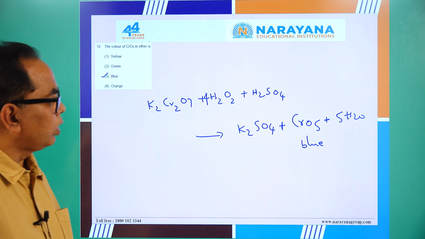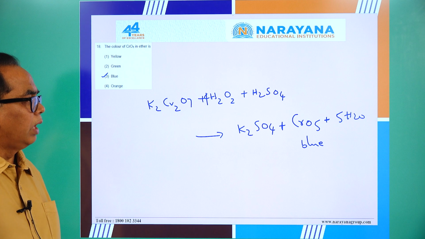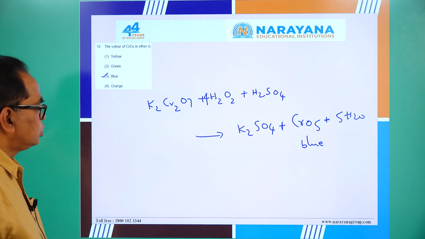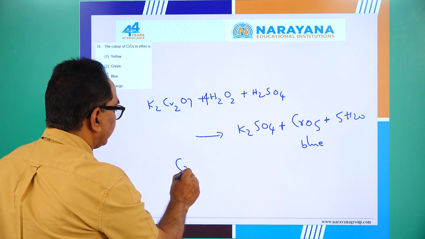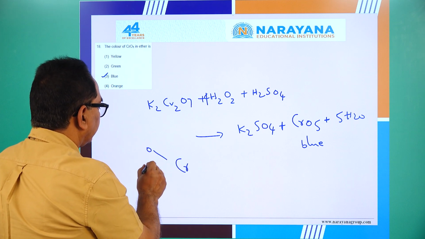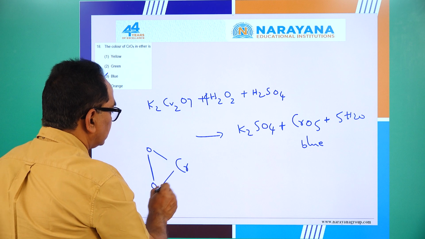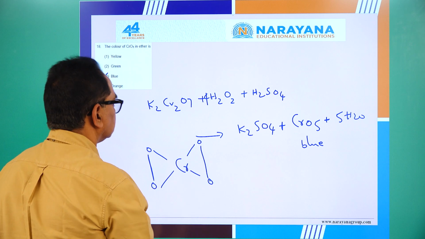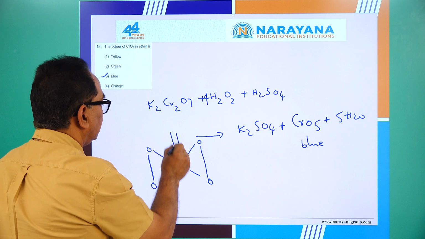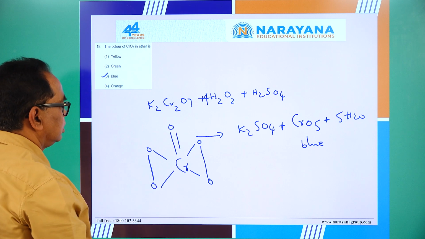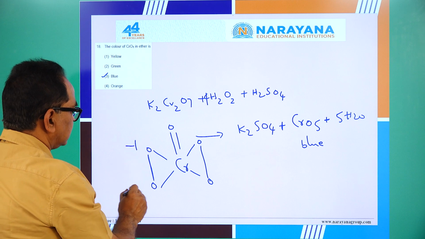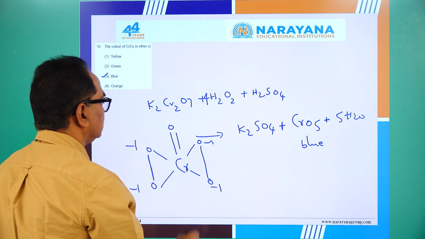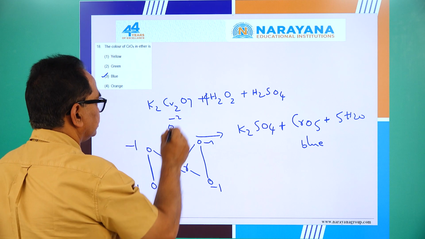But one important point you should know about CrO5 is the peroxy bonds. So CrO5 has 2 peroxy bonds or 4 peroxy atoms and 1 normal oxygen, where the oxidation numbers are -1 and -1 for the peroxy oxygen atoms, and this is -2.